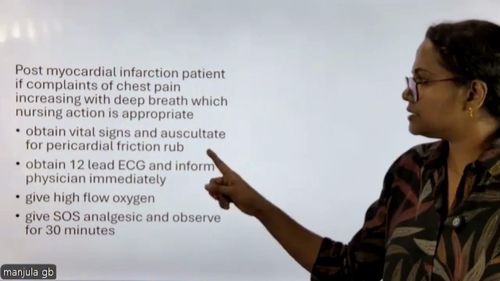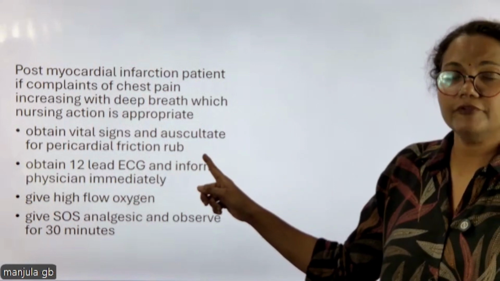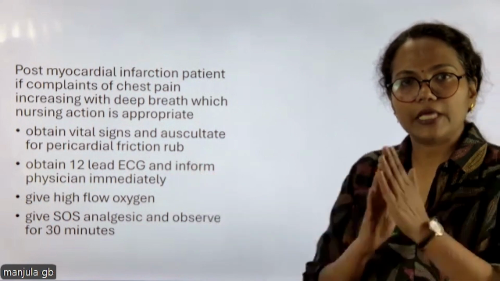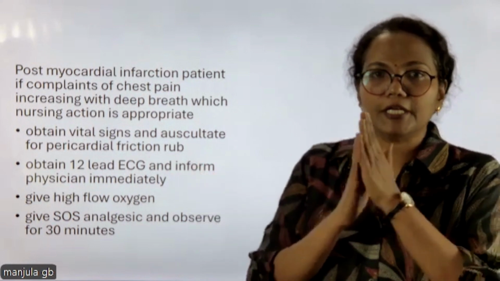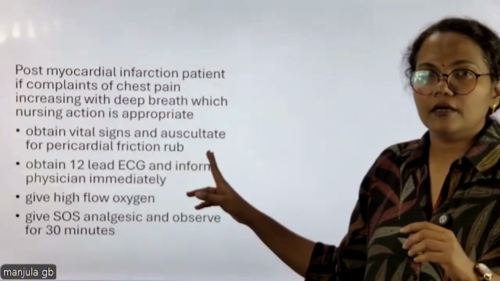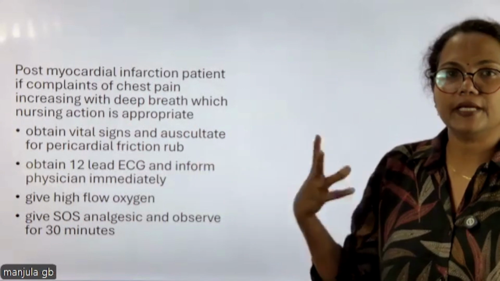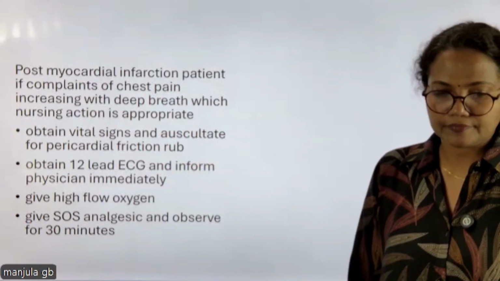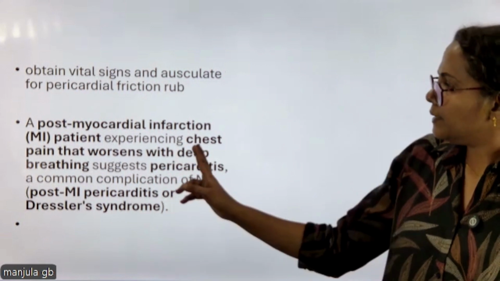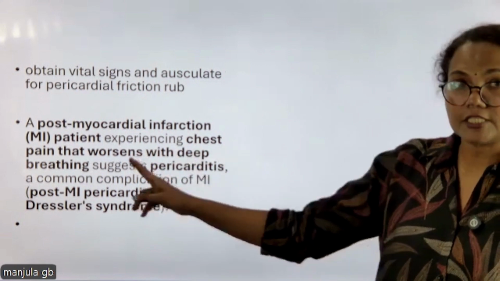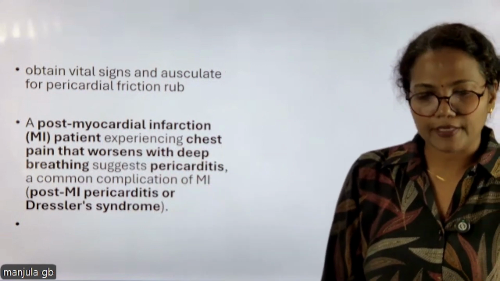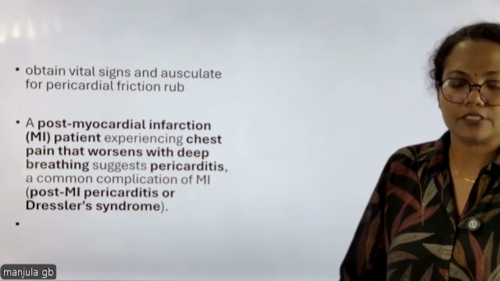So the answer should be that we have to auscultate for pericardial friction rub, so that when the inflamed layers of pericardium are rubbing against each other, you get this leathery kind of sound, pericardial friction rub. So in post-MI, a patient who experiences chest pain that worsens with deep breathing, that is suggestive of pericarditis, or the other name is Dressler syndrome.